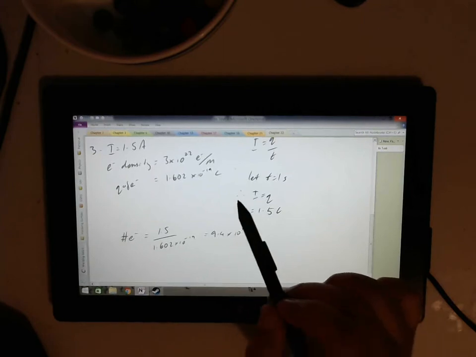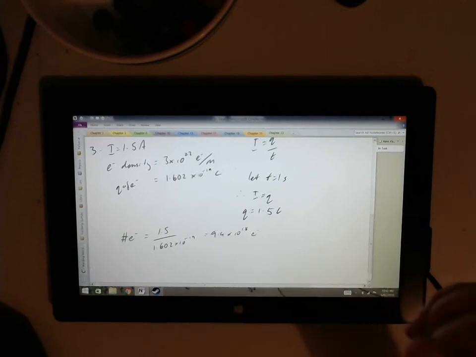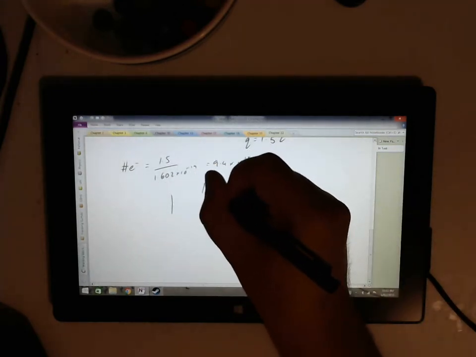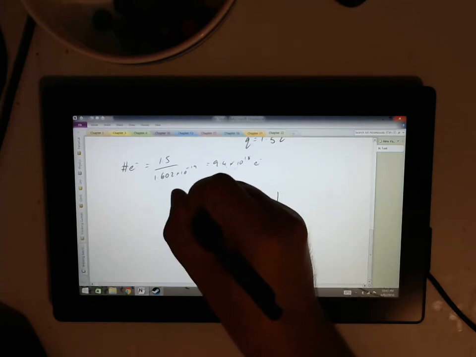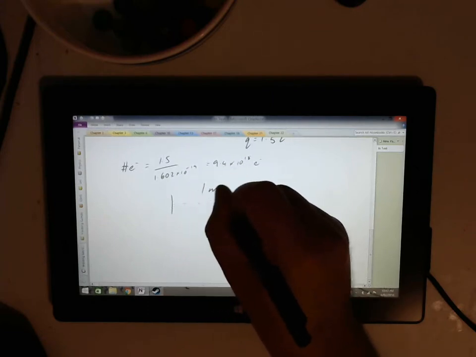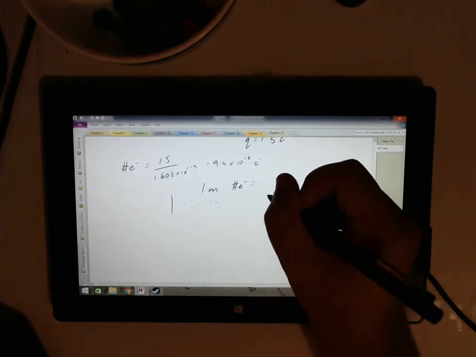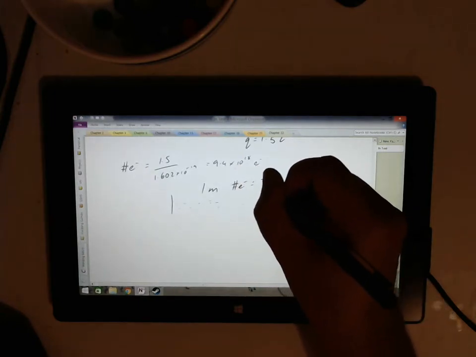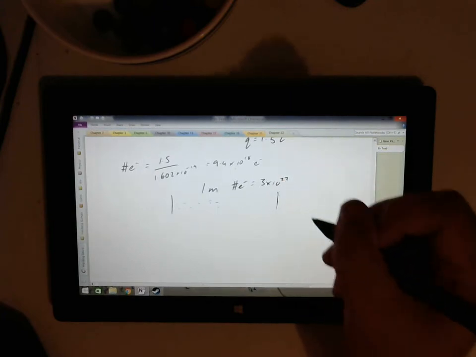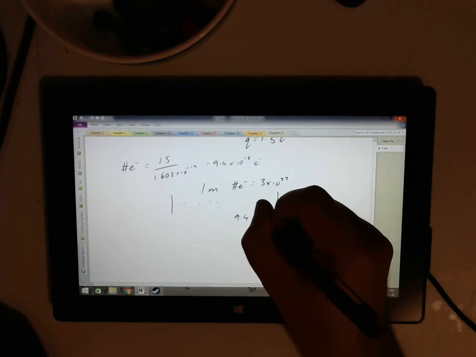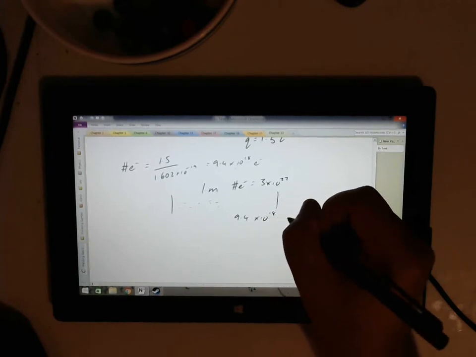I'll say that again. Let's draw 1 meter. If we were to count up all the electrons in it, the number of electrons would equal, what's in the question, 3 times 10 to the 22. But we have 9.4 times 10 to the 18 electrons.